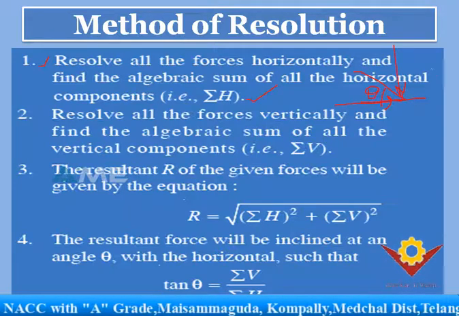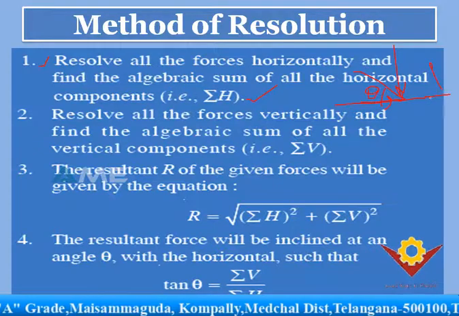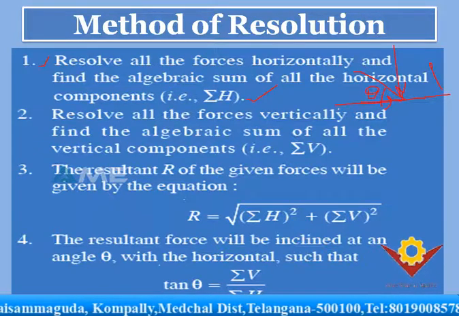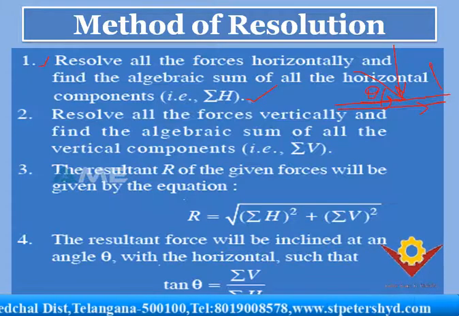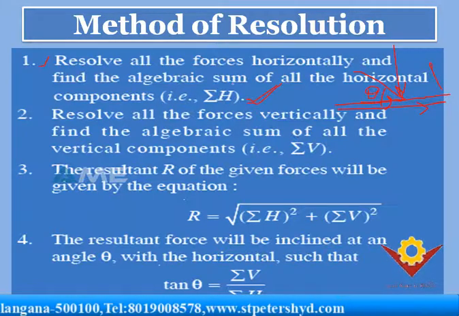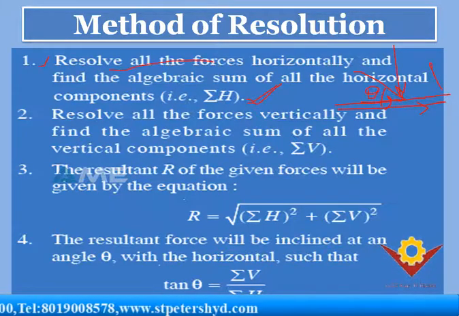Like that, there will be a number of inclined forces acting on your body; resolve all the forces, take the horizontal components and sum them, and find the algebraic sum of all the horizontal forces.